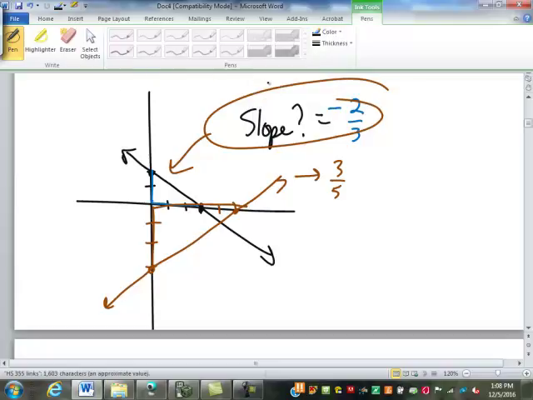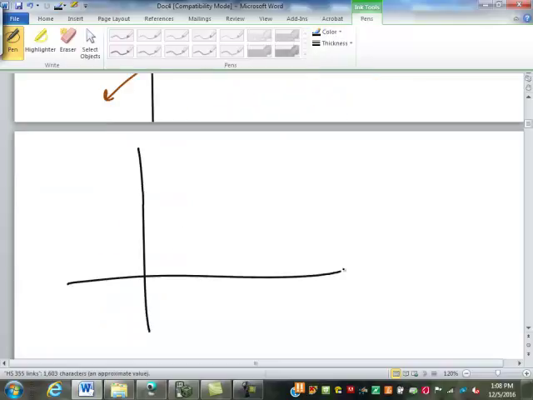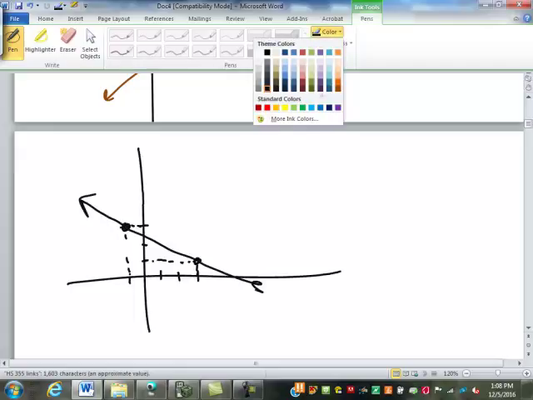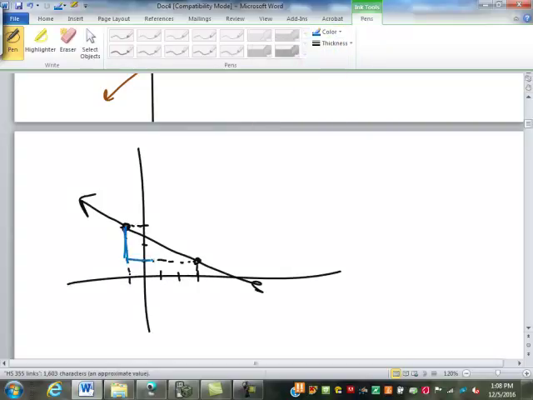Perfect. How about that one? This is 4 over.